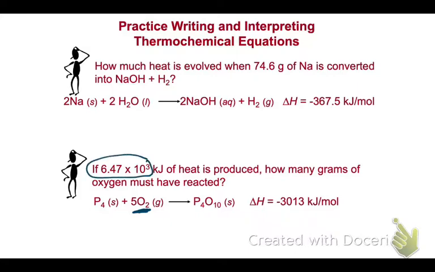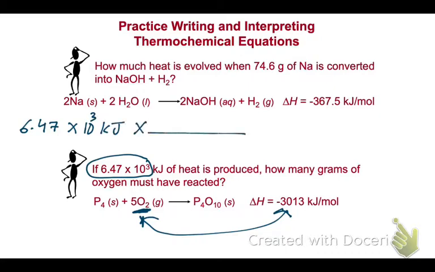Okay, then I ask myself, do I have any relationship between energy and oxygen? Yes, I'm going to have it from the balanced equation. 3013 kilojoule evolved for every 5 moles of oxygen. Now I have energy, so I'm going to start with energy: 6.47 times 10 to the power 3 kilojoule. Now let's use a conversion factor between energy and oxygen moles.